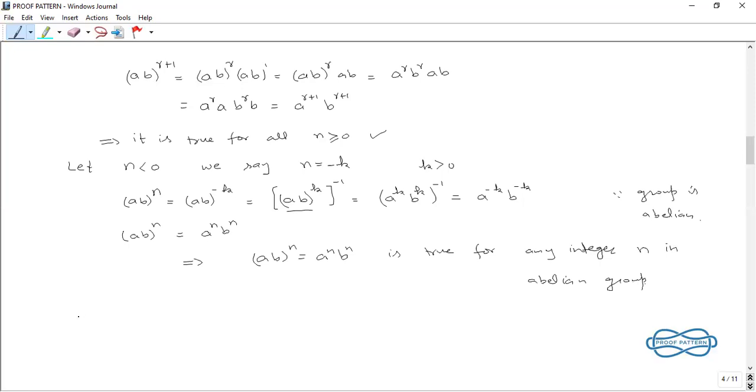And the second part was, is it true for non-abelian groups? So the answer is, it is not true for non-abelian groups, because in a non-abelian group ab is not equal to ba.